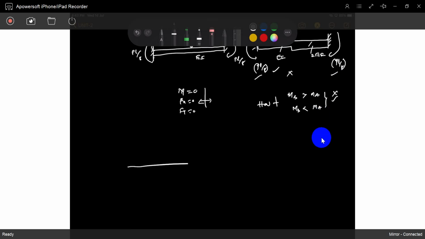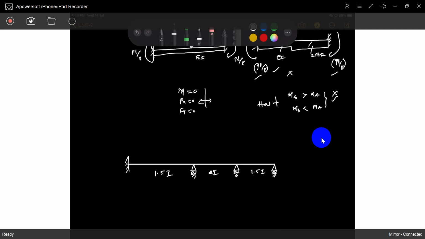Now our situation is this: this is a beam with segments of 1.5I, 2I, and 1.5I.